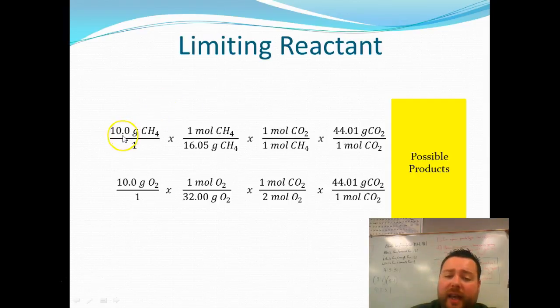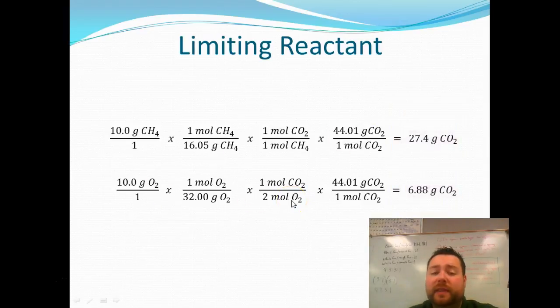I'll take 10 divided by 16.05 times 1 divided by 1 times 1 divided by 1 times 44.01. There are a number of different ways that you could calculate this, but they all come out the same way. I do the same thing down here at the bottom, and my result is that for the 10 grams of CH4, if all of that methane reacted, I could get 27.4 grams of CO2.